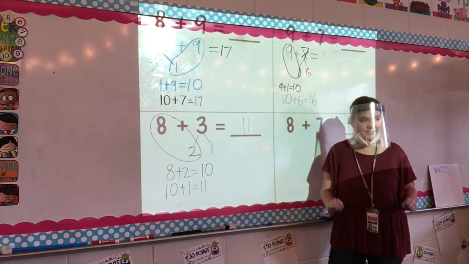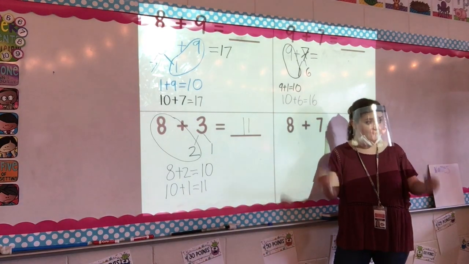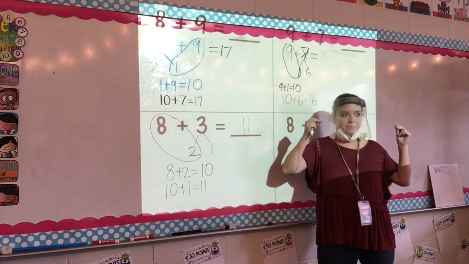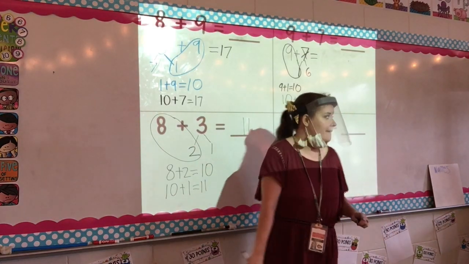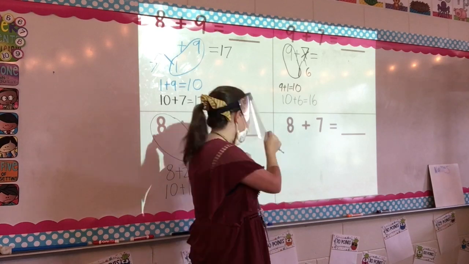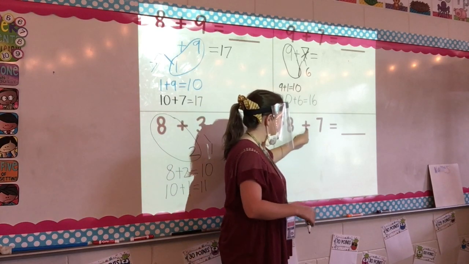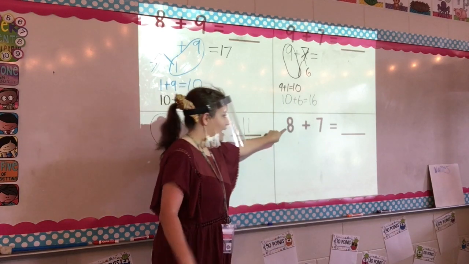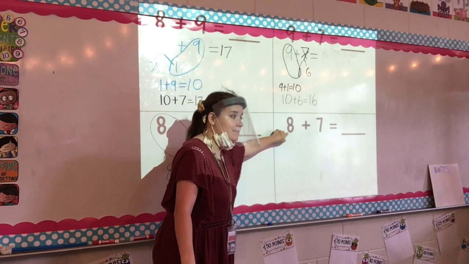It's a lot of steps, but once you get the hang of it, it starts to make sense because we're always trying to make our number pairs to 10. Okay, let's look at the last one on this page. 8 plus 7. I'm going to want to make a number pair to 10.